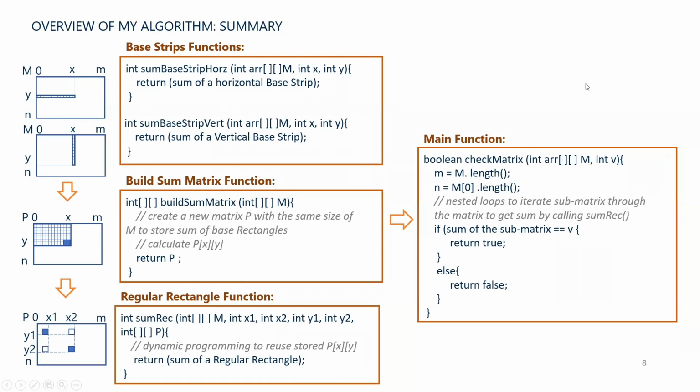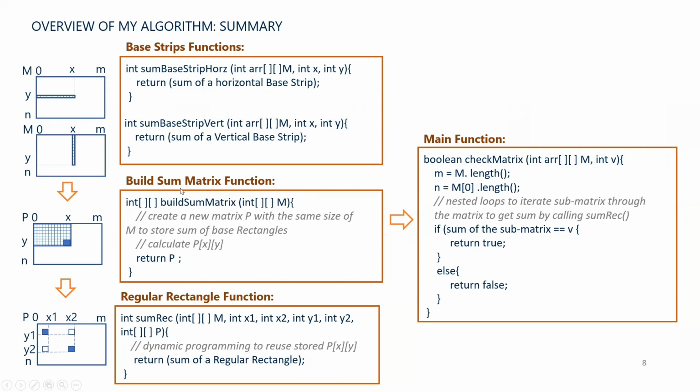This is a quick summary before I jump into the real code. So first, I'll have 2 base strip functions, one horizontal and one vertical. Take in coordinate x and y, return sum of the base strip, either horizontal or vertical.